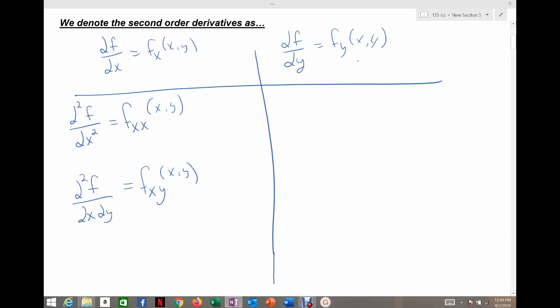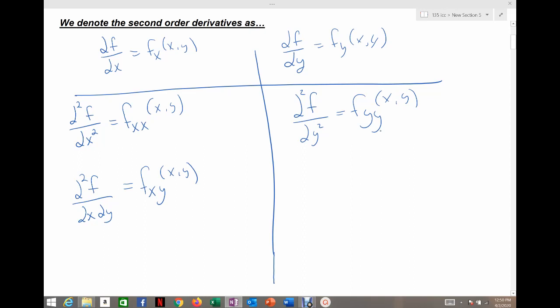All right, now I do the same thing with the y. So I'm looking here at my first derivative with respect to y. Take its derivative twice. So again, take the derivative of my function a second time with respect to y. All right, so in function notation, f sub y, y. That means in that order, I've taken the derivative twice with respect to y.